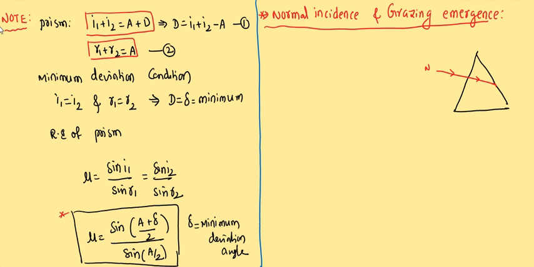And grazing emergence means it will go, after the refraction, along the surface. This is called the grazing emergence. If you draw the normal at the second surface, this is the normal drawn. And that means the light ray is going along the surface, that's why the emergent angle I2 is 90 degree. When one angle is 90 degree, the other angle must be equal to C.